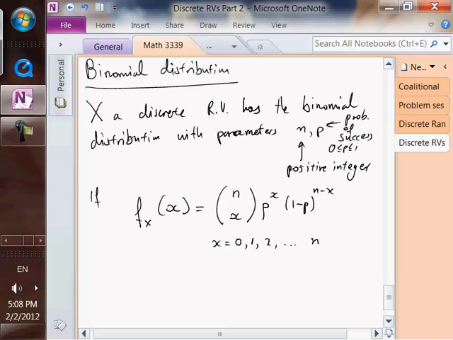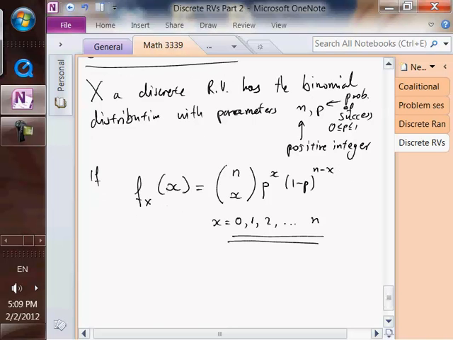So implicitly, I'm telling you that 0, 1, 2, up to n are the values of the random variable, and the density function is given by this formula. Okay, now I understand that this sounds way too abstract, so we have to make it more understandable.